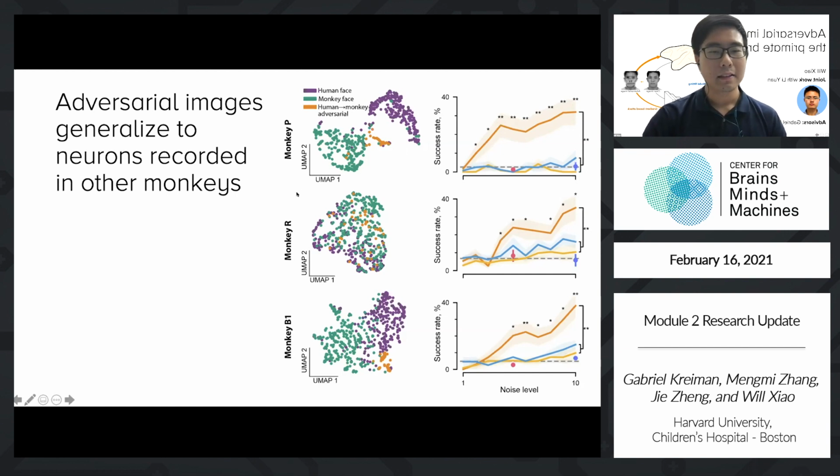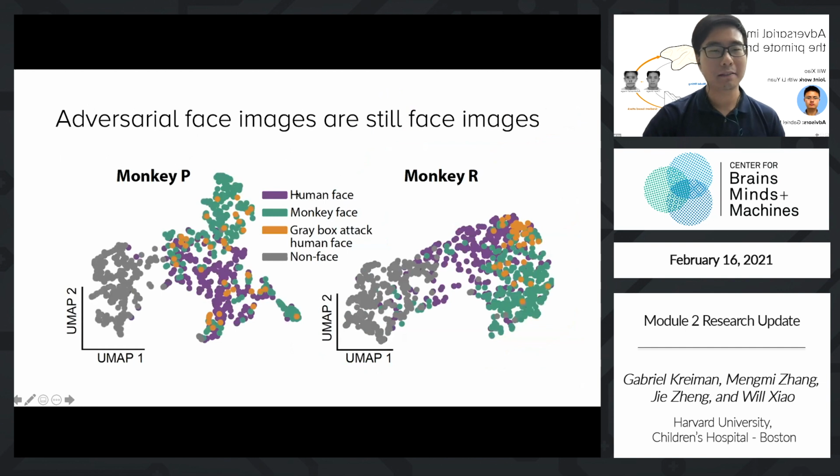And just quickly, we verified one concern that the attack images could be misclassified by the SVMs simply because they became non-face-like. And this is not the case. As you can see from this UMAP visualization, we also trained SVMs to classify between face and non-face images, and almost all of the attack images are still classified as faces.